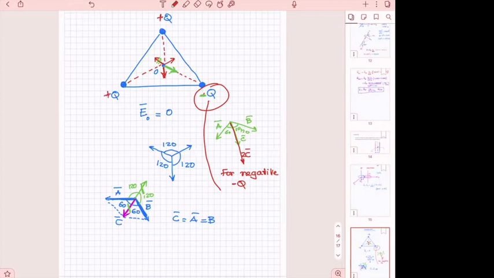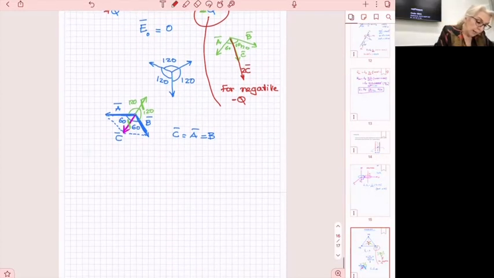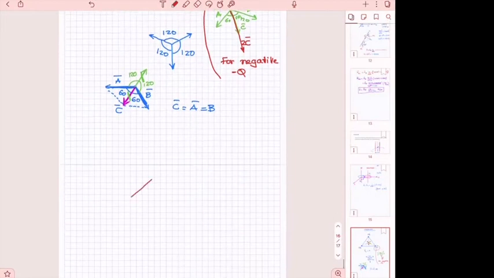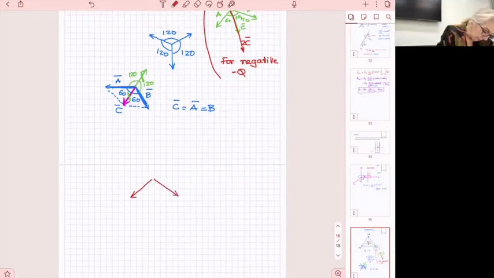Professor, so for the negative Q charge, why does C double? Because you have the following. If you have two vectors that are the same, and they are at 120 degrees, and you find the sum of these vectors, it is going to be a vector equal to those two, as I explained here.